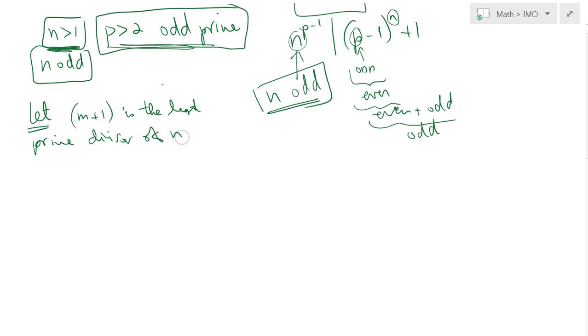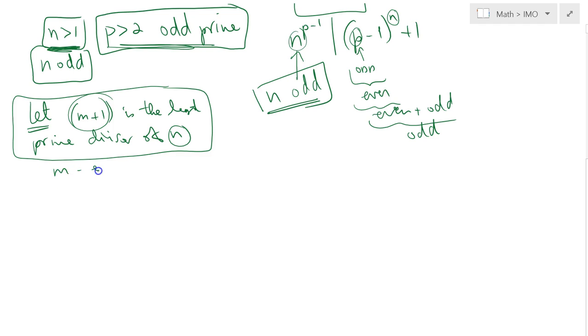N is an odd number, meaning m plus 1 is odd, so m itself is even. Now, because n raised to a power p, strictly greater than 2, divides this expression, it means that n itself should divide it, but n is divided by m plus 1, suggesting that m plus 1 should also divide this expression as well.